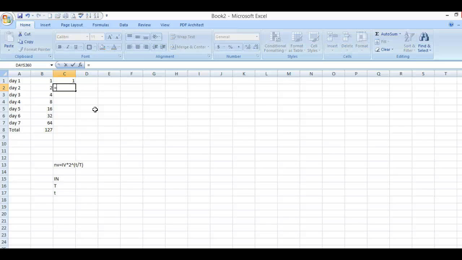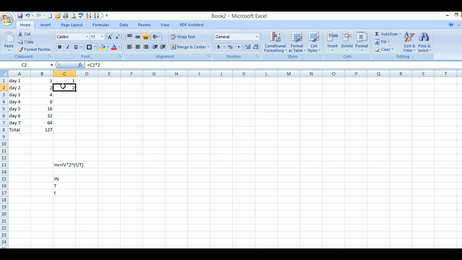So I'm going to press equals. And I'm going to cell reference the cell above me. So I'm going to come up here and just left click once and say do something with this cell. And I'm going to times it by 2 because I want to double it. Then I press enter, and it doubled it for me by timesing it by 2.